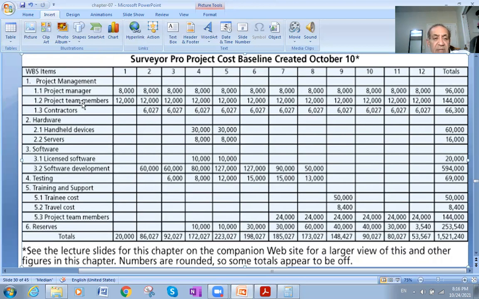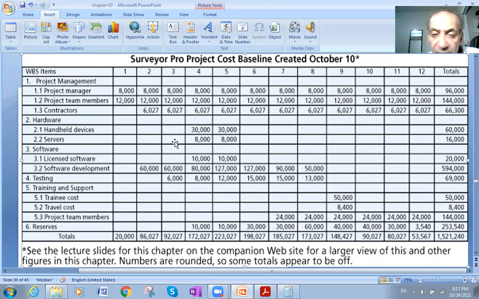The project team members, each month or each stage, if the project is 12 stages, they take salaries like 12,000 for stage 1 or month 1, 12,000 for stage 2 or month 2, and so on, till the end of the period or the end of the stages. It was 144,000.